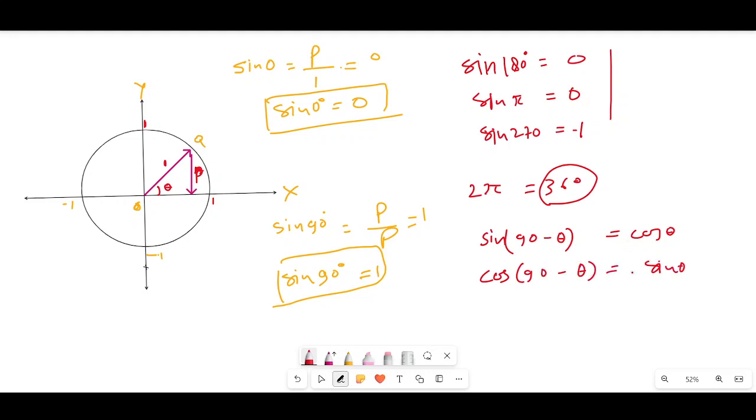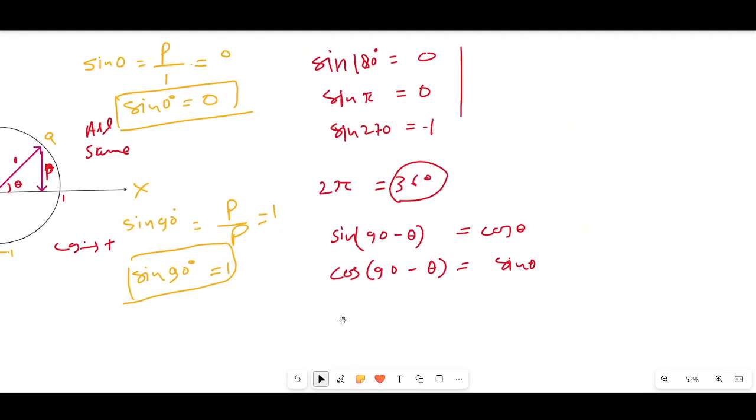In the first quadrant all are positive, and we will consider only sine and cos, because the reverse I will consider the same. Here sine value is the same, here tan value is the same, here cos value is the same. This will be positive, this will be positive, and this will be positive. Clear?